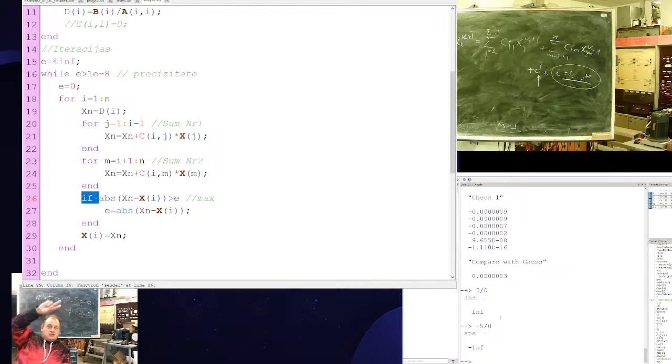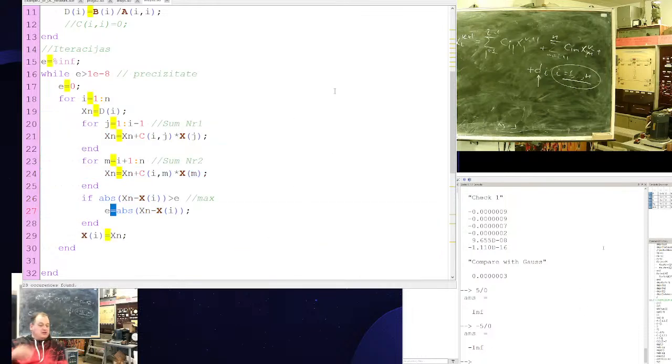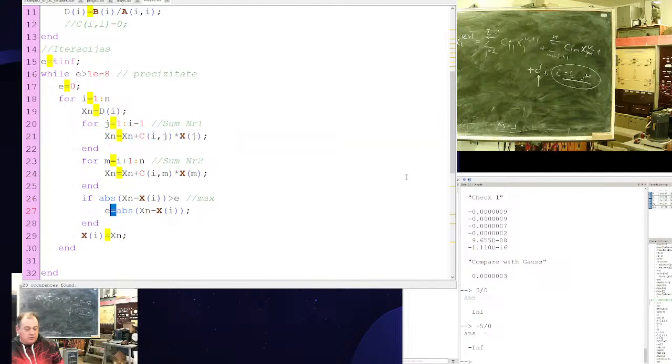Equal; here it is different, in MATLAB style. This symbol means assign value. And this symbol is the condition for equal. Greater, equal, not equal: not exclamation, but tilde, sorry.